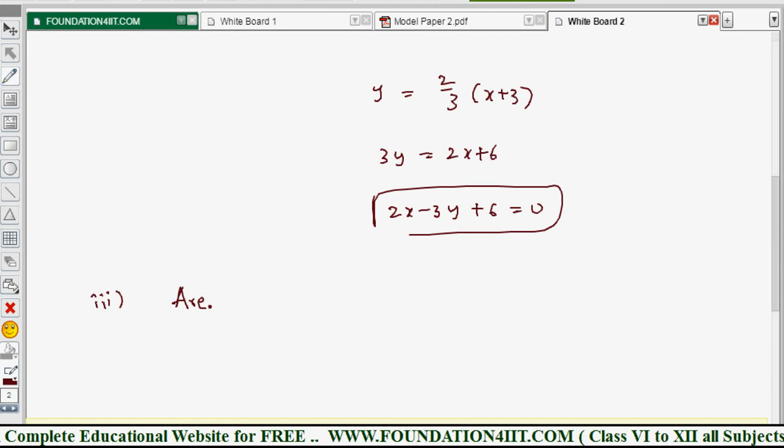Therefore, the area of triangle OAB is equal to half into base 3 into height 2 units. The 2s get cancelled, so 3 square units. That is the area of the enclosed triangle OAB.